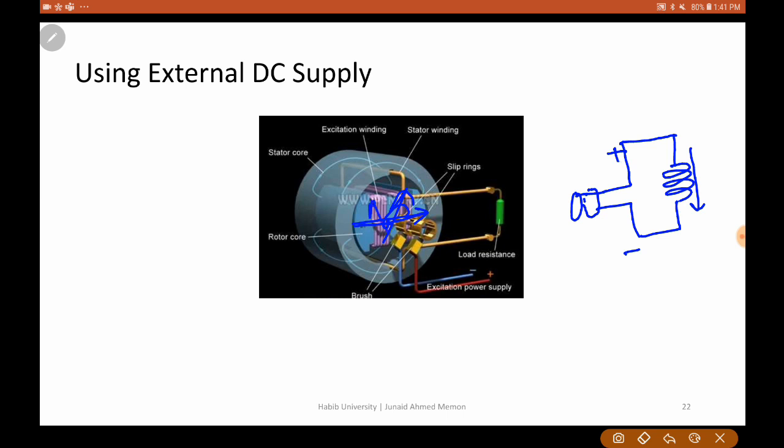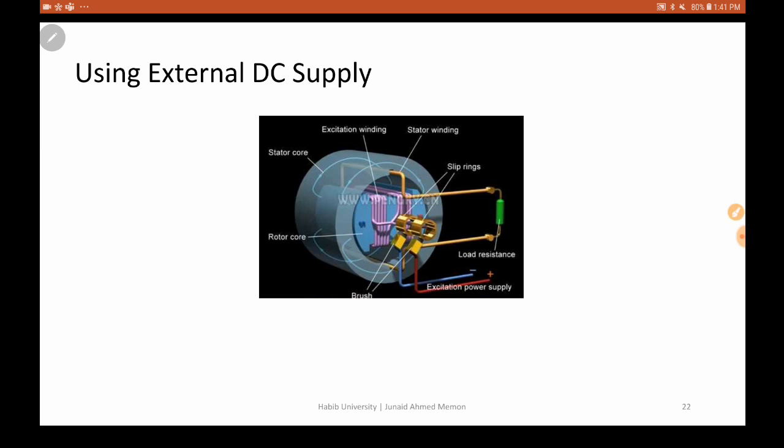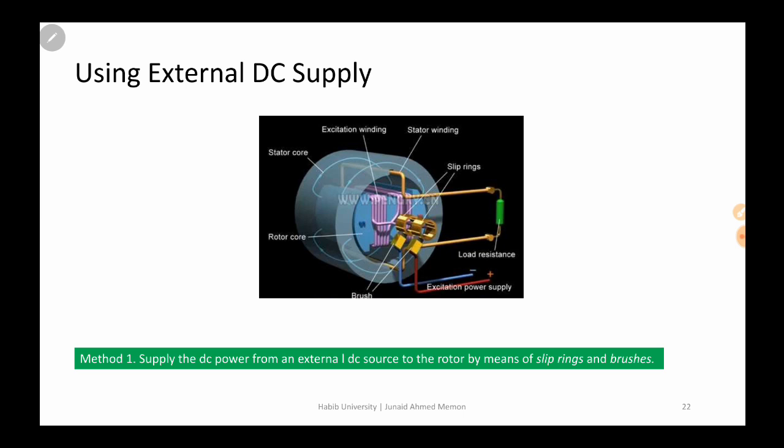The direction of the magnetic field will stay the same with respect to the rotor, so it will not flip the sign as we go around. So that was one technique: an external DC supply and brush mechanism.